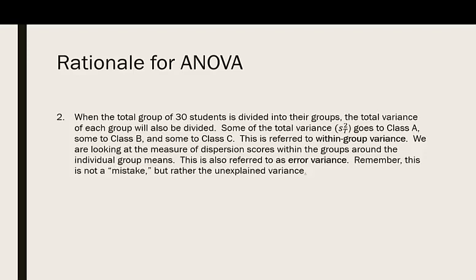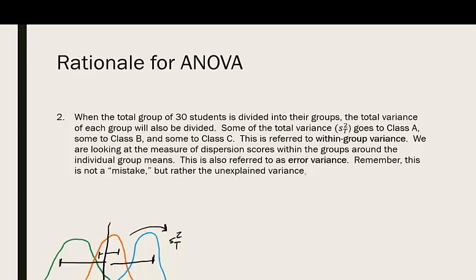The important thing here is that from the previous slide, we can look at the groups as a whole, our grand mean, and so forth. From this slide, when we divide the groups, they have some of the total variance they take with them, and we call that within group variance. That's the individual variance they have within their individual groups.